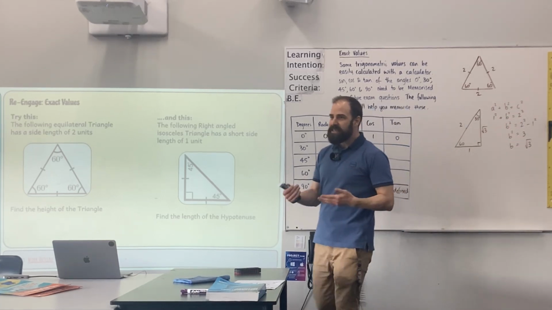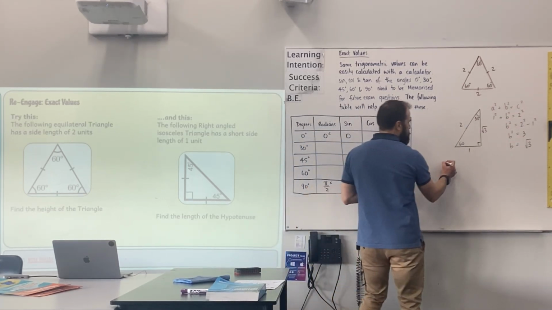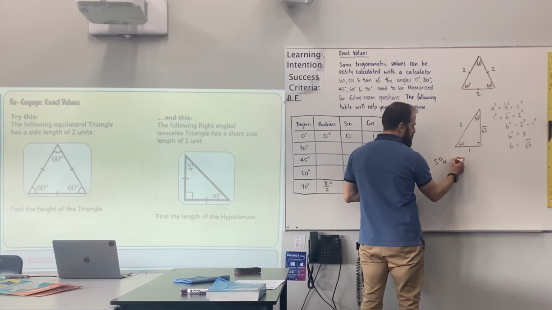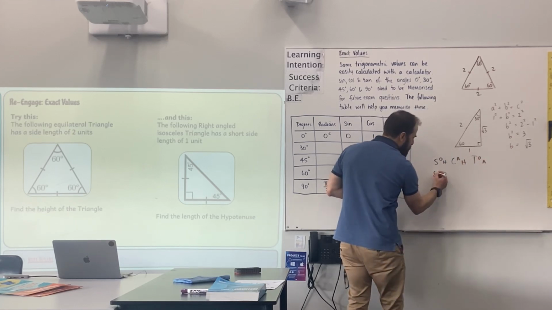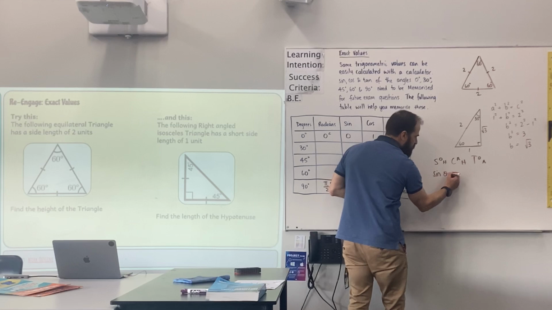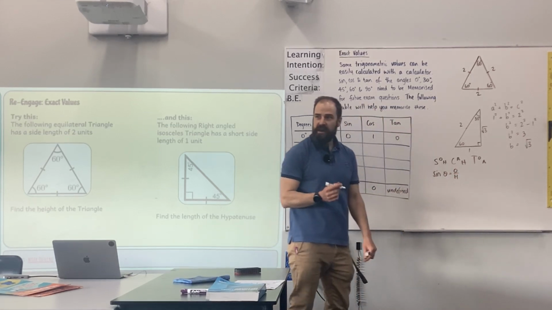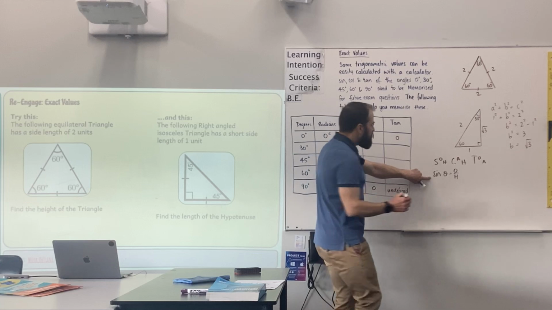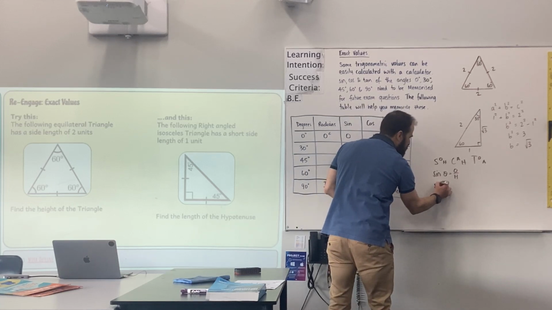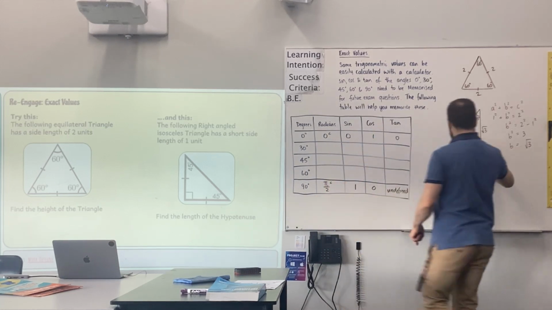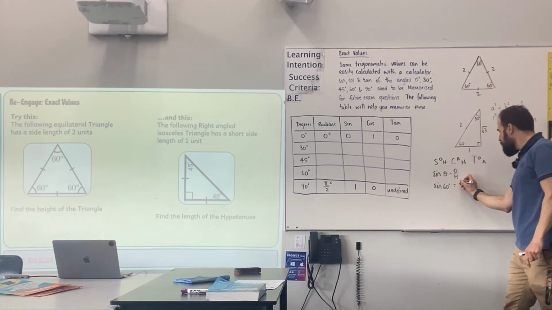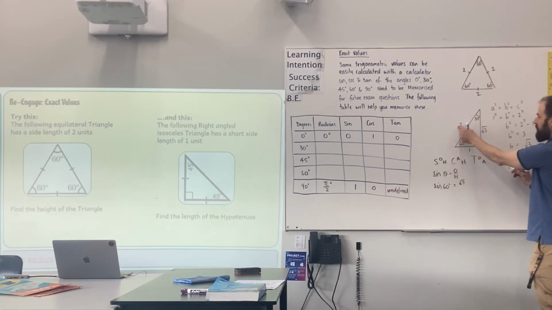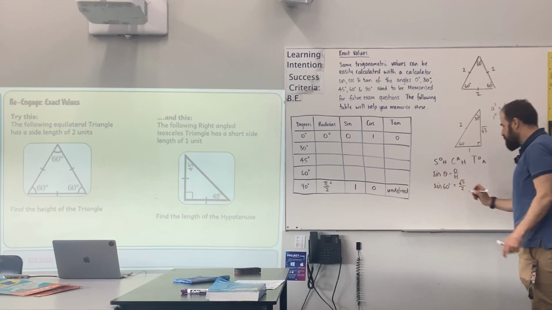Let's use some other basic mathematics that we know, which is SOHCAHTOA. So sine of the angle is equal to the opposite divided by the hypotenuse, correct? So sine of 60 degrees is the opposite, root 3, divided by the hypotenuse, which is 2.